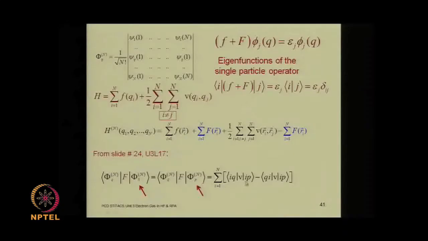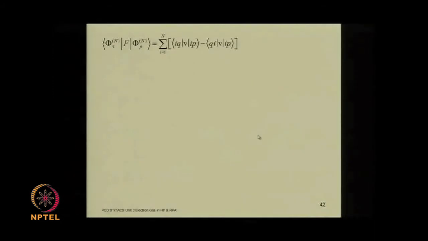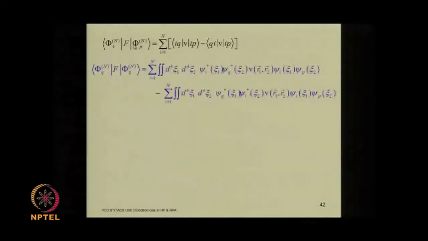The state psi p was occupied in the ground state, now its occupation number is 0. Instead it is the occupation number of psi q which is equal to 1. So, the matrix element of the operator f in these two states is given by this. This is the relationship that we discussed extensively in our previous class, and using this we write these.